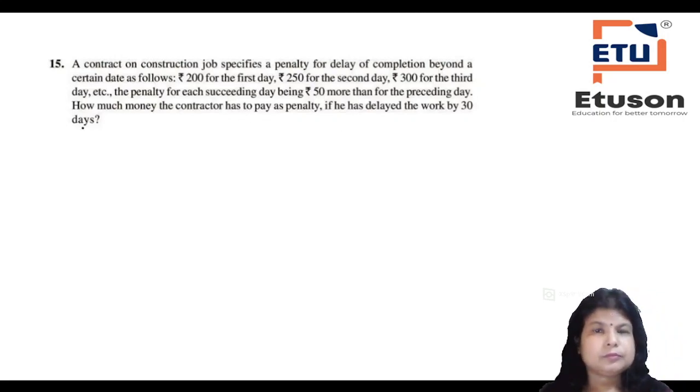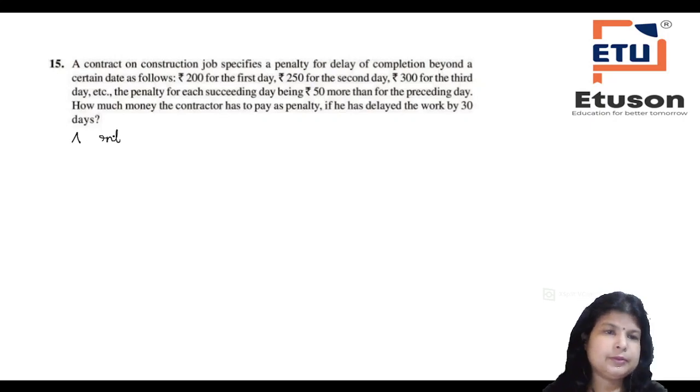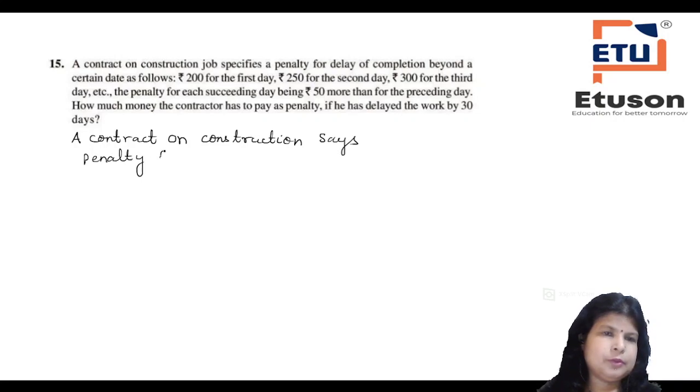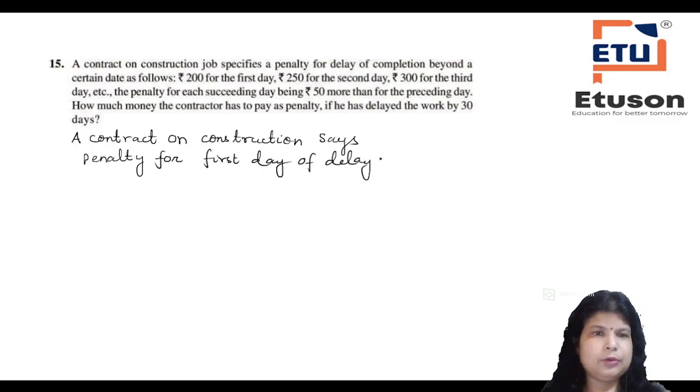Okay. So, a contract on construction says the penalty for the first day of delay is equal to rupees 200.